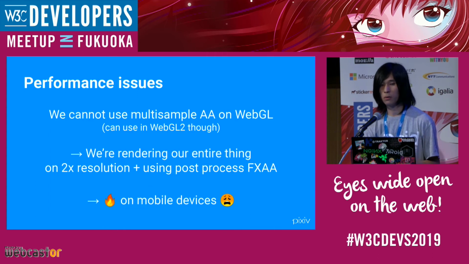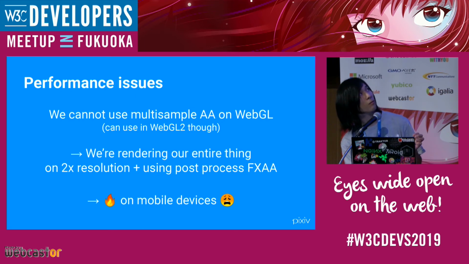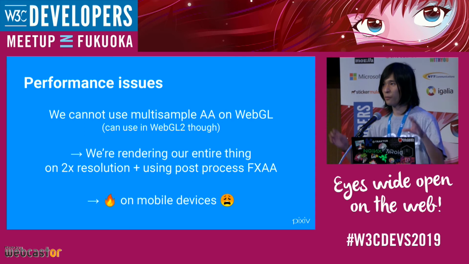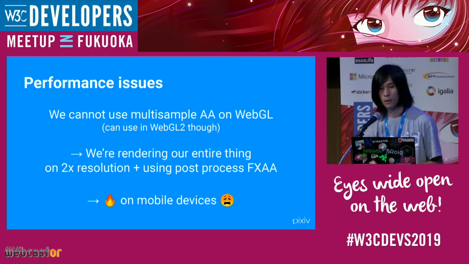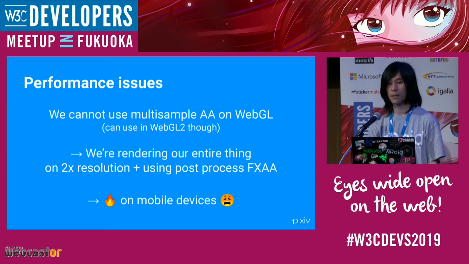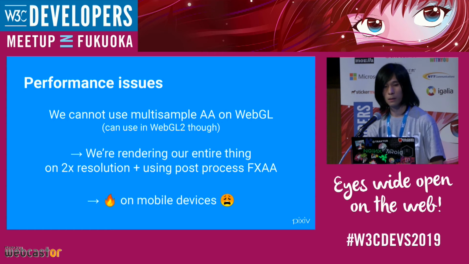We cannot use multisample anti-aliasing on WebGL. It can be used in WebGL 2, but very few devices support WebGL 2. So we are rendering our entire scene at double resolution plus doing post-processing anti-aliasing too. It's pretty expensive on mobile devices.